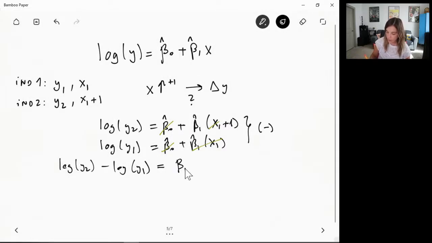So all that survives on the right-hand side is beta 1. We have something a little simpler, but we need to keep working at it. If you remember basic algebra, the difference in two logarithms is the logarithm of the ratio. So we can write the left-hand side as the log of y2 over y1, and this equals beta 1 hat. We've simplified this, but we still need to do a little more work.